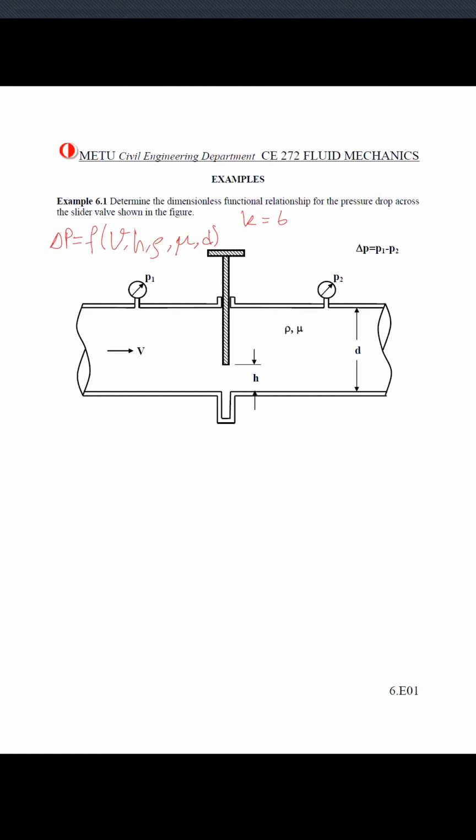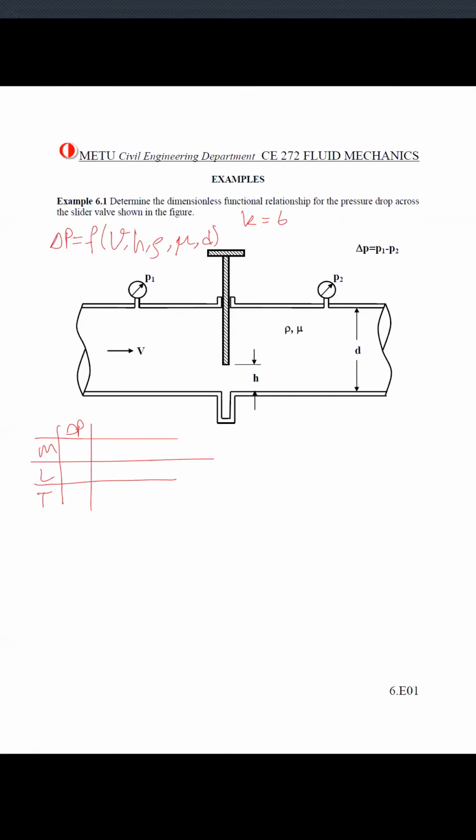Initially, let's obtain the dimension matrix so that we will see what our matrix rank is. I will use the MLT system, but you can as well use the FLT system. We will obtain the same answer.